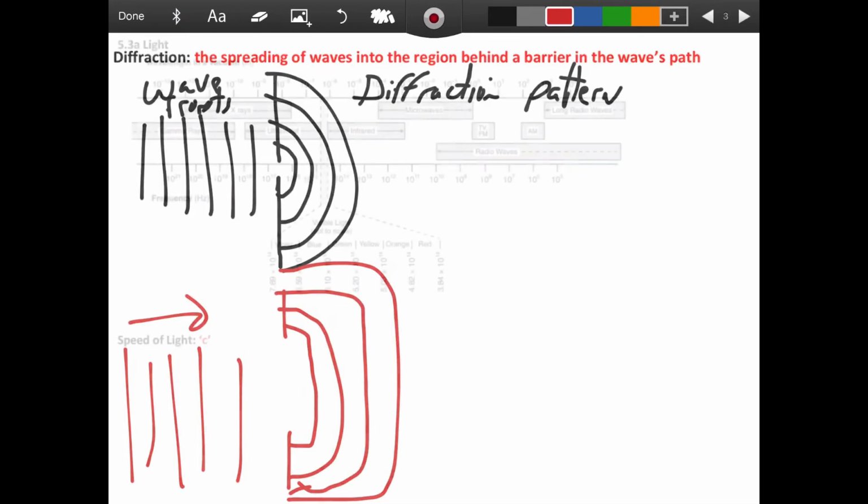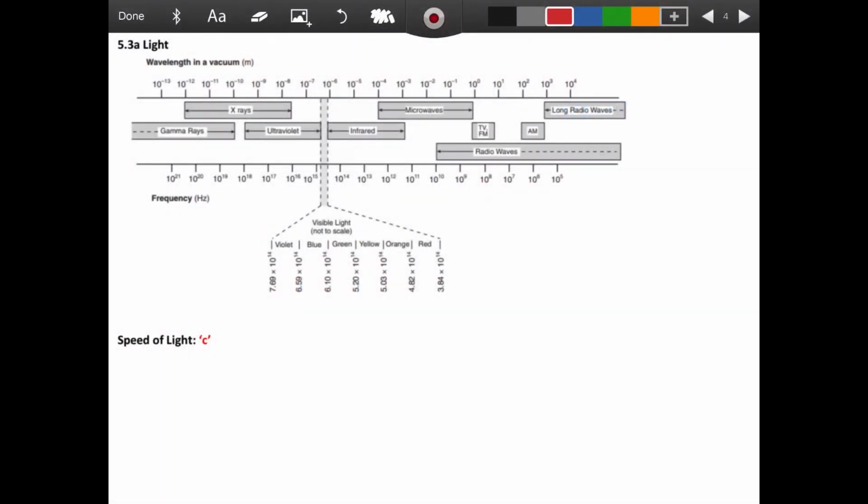Okay, the next part of the waves unit that we're going to look at involves light, and light allows us to see a lot of these phenomena very nicely. Now, it is important to note that the human eye can only perceive a very, very small fraction of this electromagnetic spectrum.